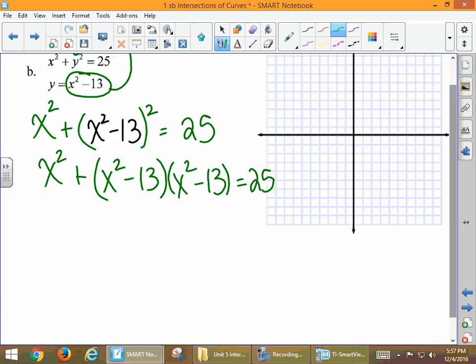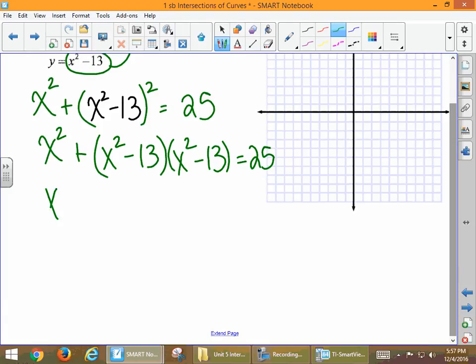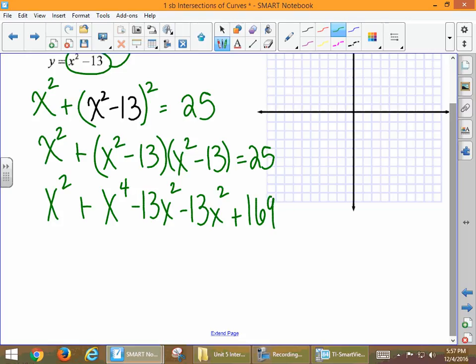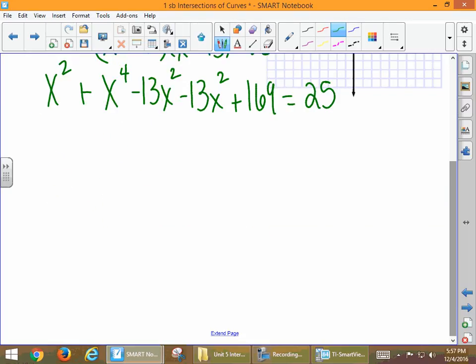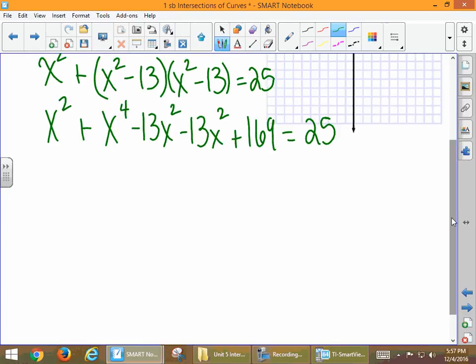So we're going to have to FOIL. And we've got x squared plus x to the 4th minus 13x squared minus 13x squared plus 169 equals 25. If we simplify this a bit, over here on the left side we end up with x to the 4th. We've got 1x squared minus 13 minus 13, which is minus 25x squared.